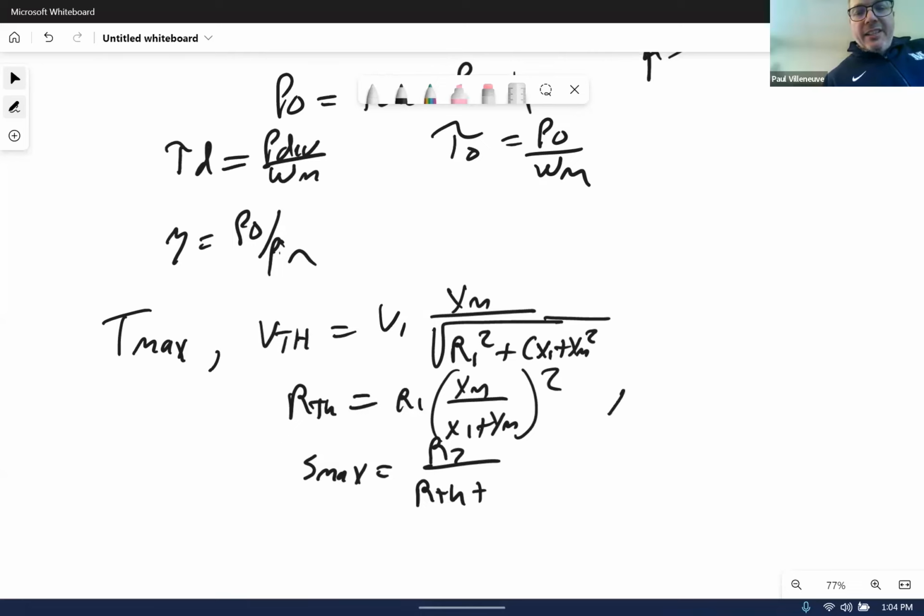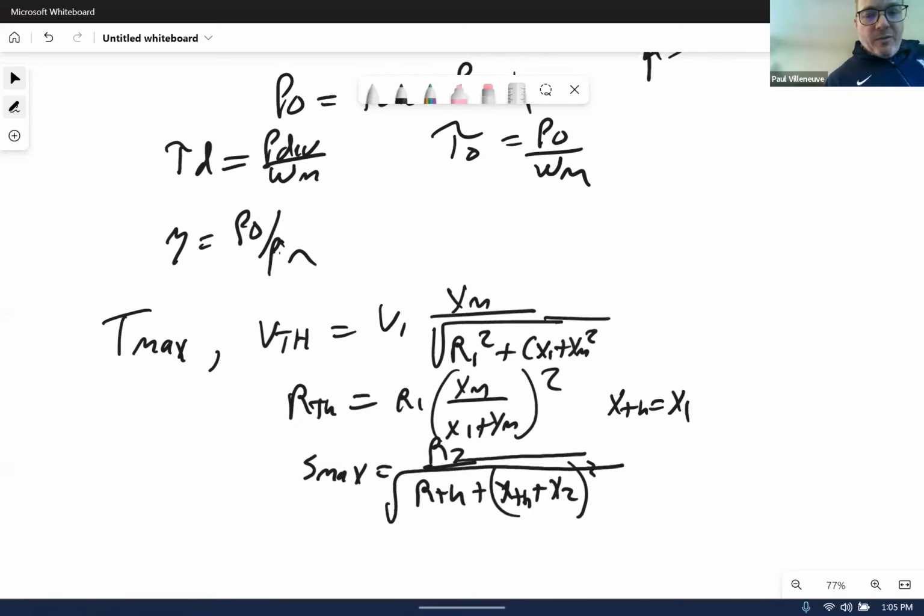Oh, I forgot to say X Thevenin is approximately equal to X1. So that quantity is squared, and then I have to take the square root of this whole thing.